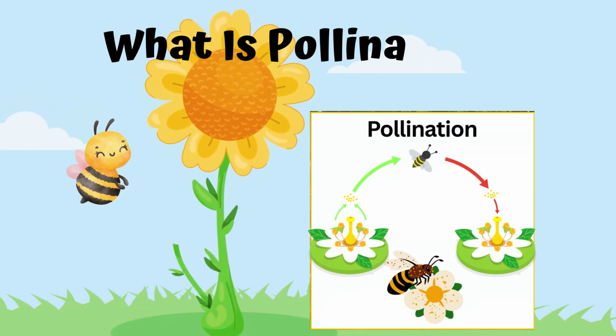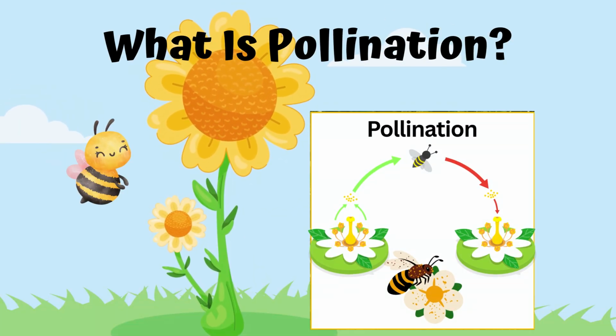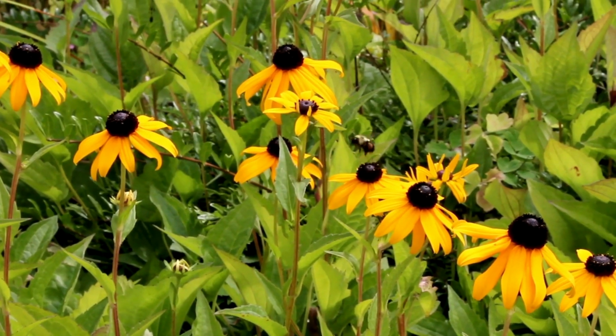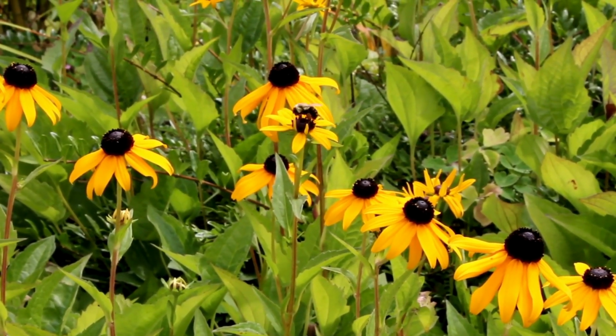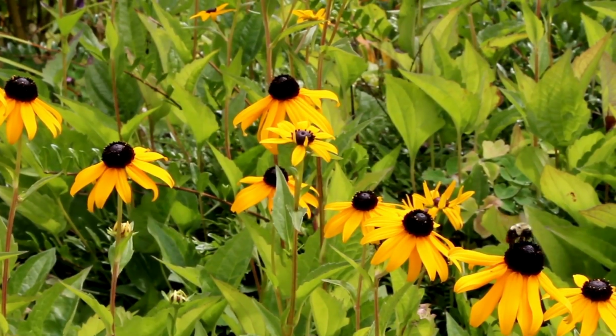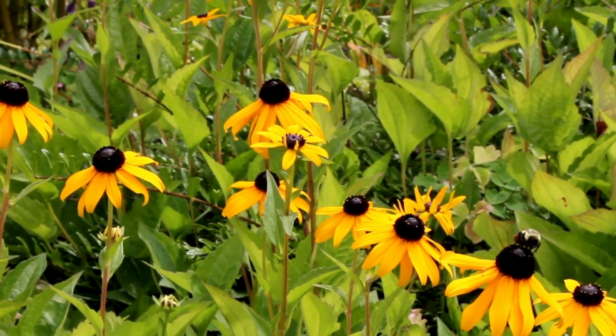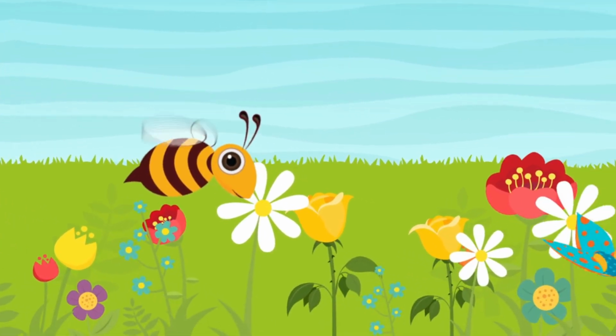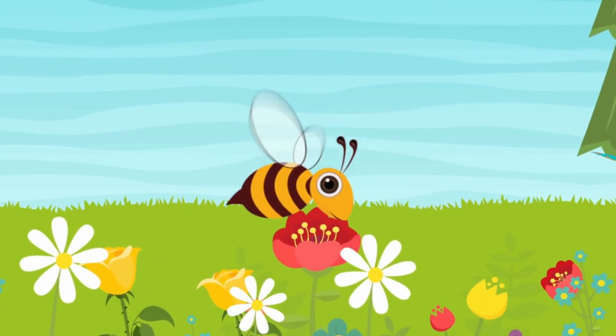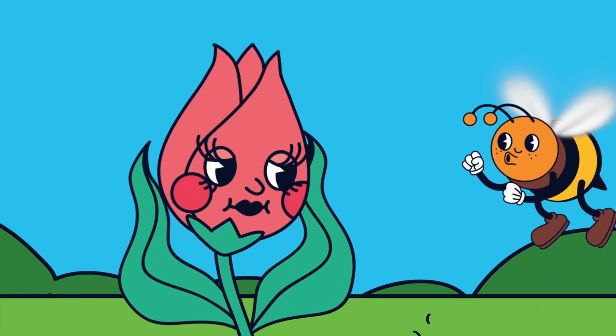Bonus segment. What is pollination? Before we wrap up, let's buzz into something really special. Yeah, pollination. It's how plants make seeds and grow new baby plants. Pollination happens when pollen from one flower moves to another flower of the same kind. And guess who helps? That's right.